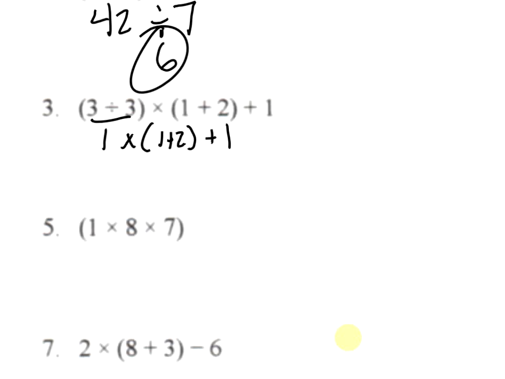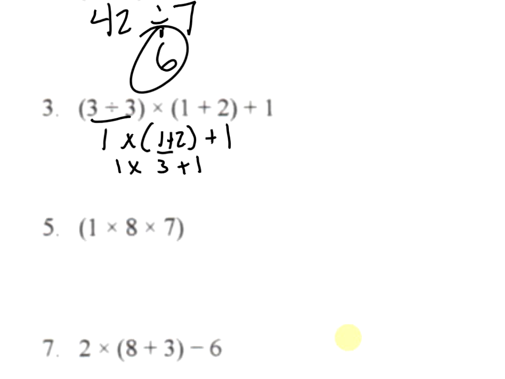Okay, what do I do next? Quade, what do you think? Okay, you do the 1 plus 2. 1 plus 2 is 3. So now I have 1 times 3 plus 1. What is 1 times 3 plus 1? What do I do next, Nikki?